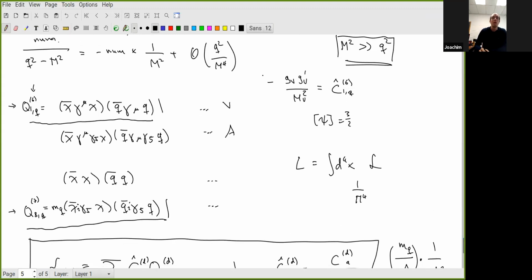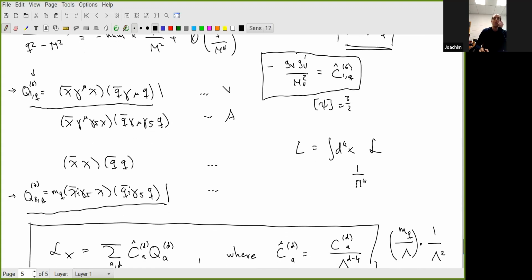You see in the example, it's related to the inverse mass squared of the mediator times the couplings. So if the couplings are order 1, then it gives you an idea of the mass, but typically the couplings are smaller than 1. So you have this relation with this scale. Okay, thank you.